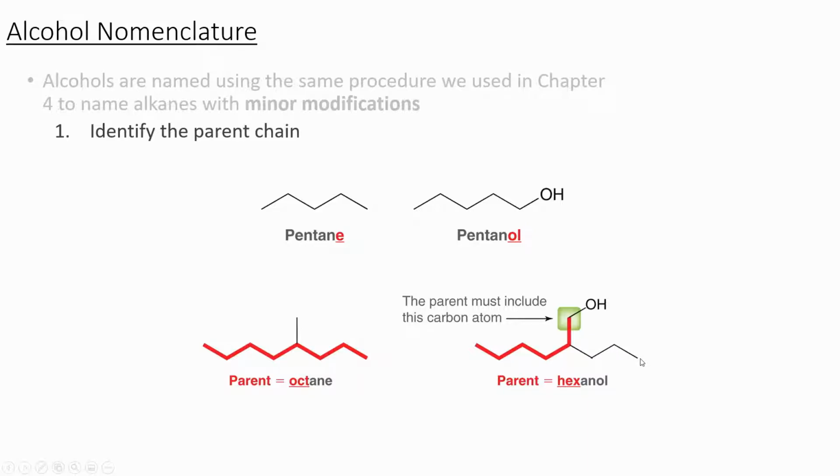But now we have a situation where the alcohol is not part of the longest chain. So the alcohol is going to take priority. So our new parent chain must include the connection to the alcohol. So in this molecule, our parent chain is going to be 1, 2, 3, 4, 5, 6 carbons. So we'll have a hexanol.